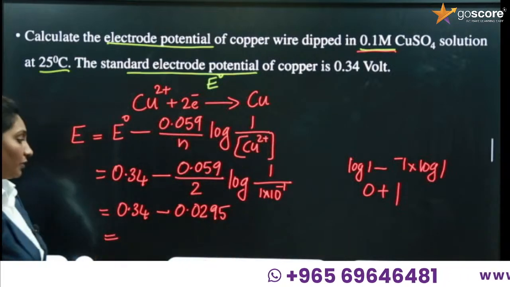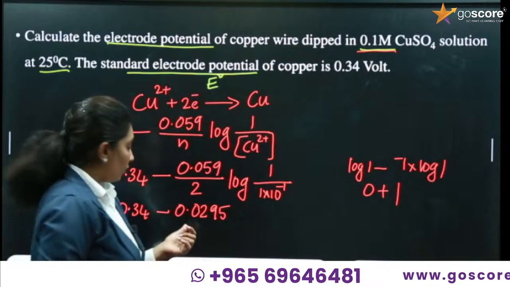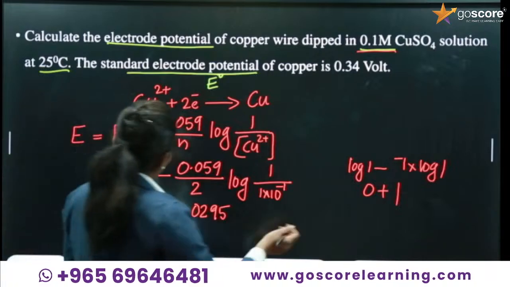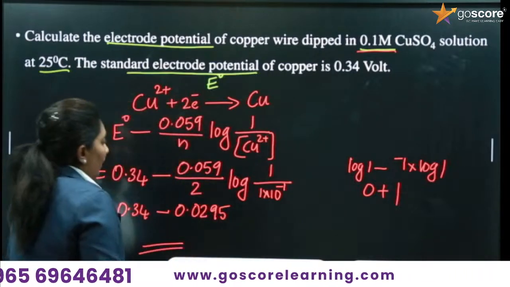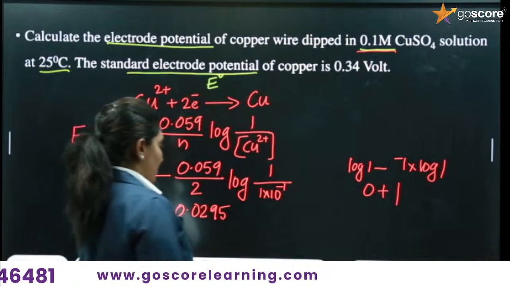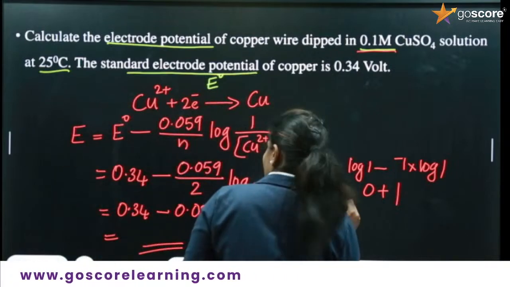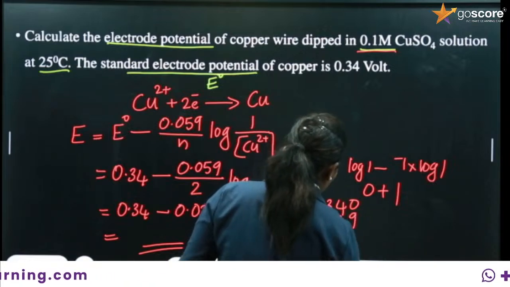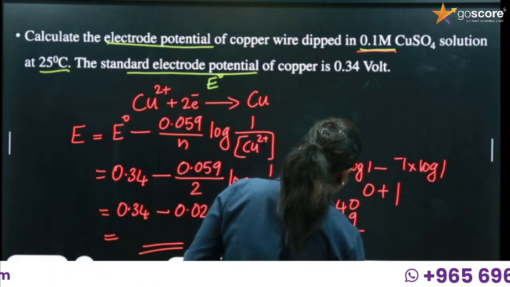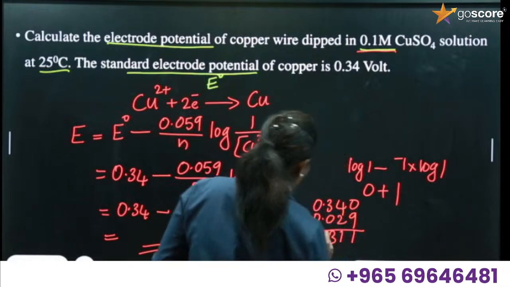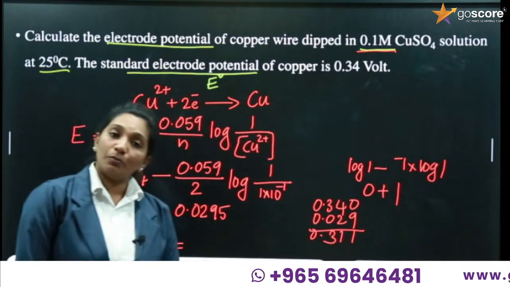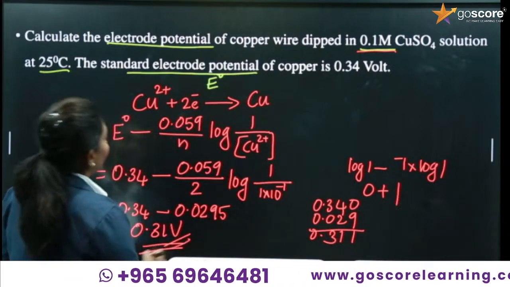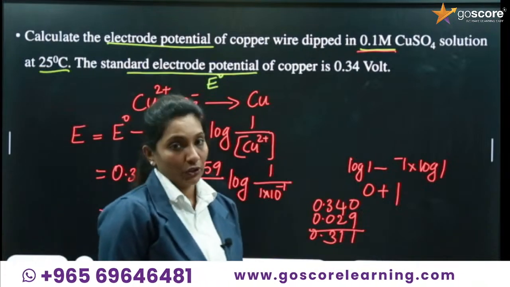So you want to find 0.34 minus 0.0295, which will give you the electrode potential. Okay. So your answer will be 0.31 volt, the electrode potential of the copper electrode.